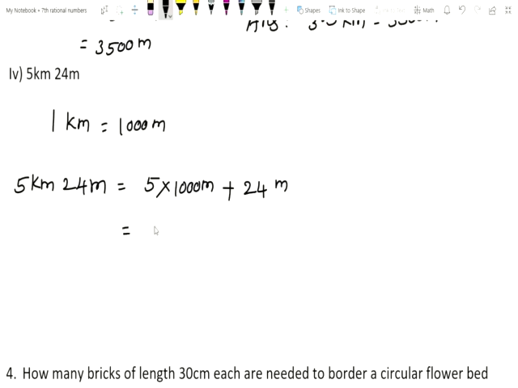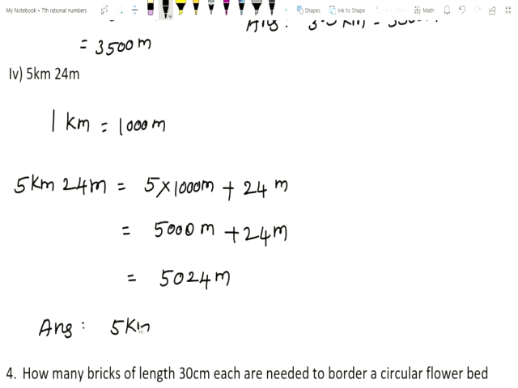So 5 into 1000, 5000 meter plus 24 meter. 5000 plus 24 you get 5024 meter. So what is the answer, children? 5 kilometer, 24 meter equal to 5024 meter.